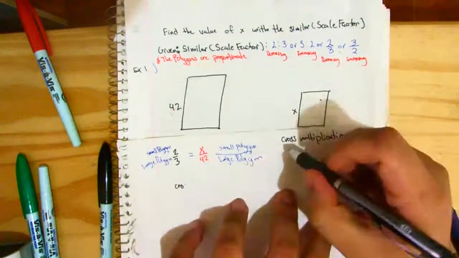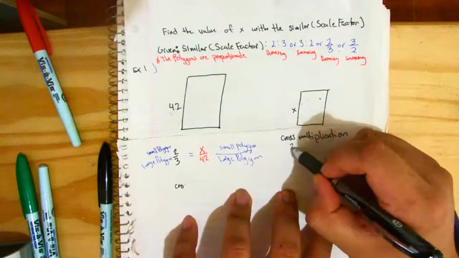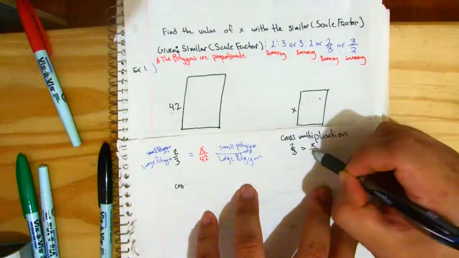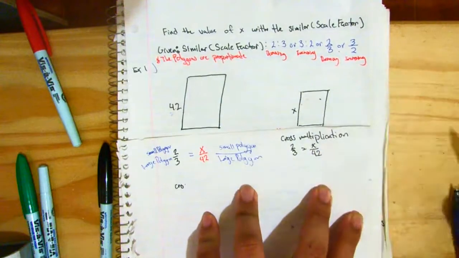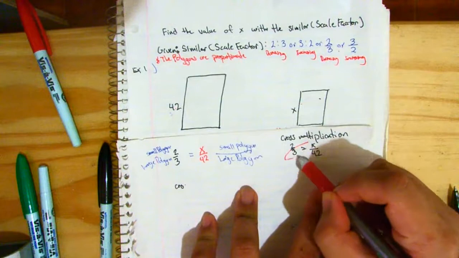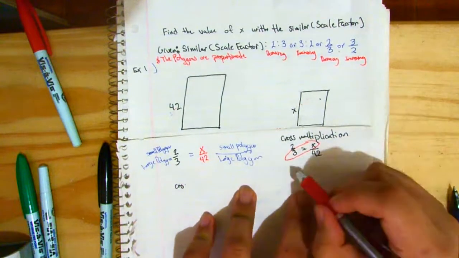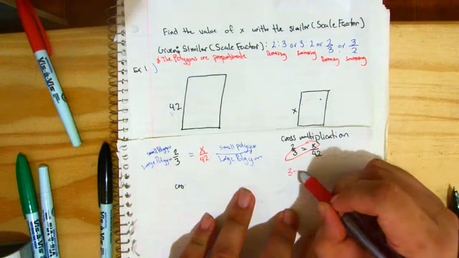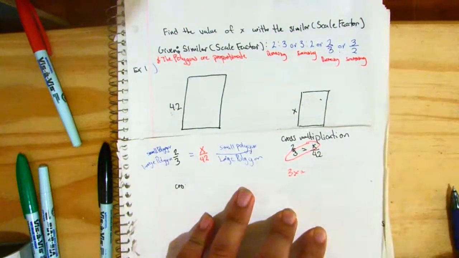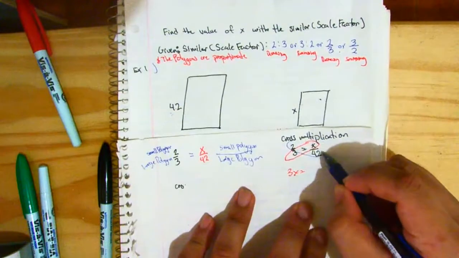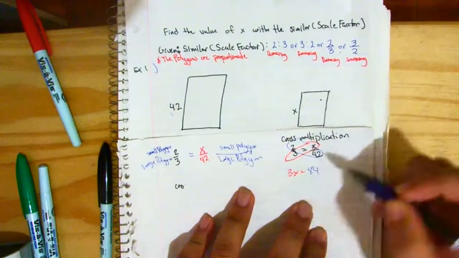So here, 2 over 3 is equal to x over 42. We're going to cross multiply. Once again, only do cross multiplication if you're using ratio proportions. 2 times x is 2x, and 3 times 42 is 126. Wait, let me redo this: 3x equals 2 times 42, which is 84.